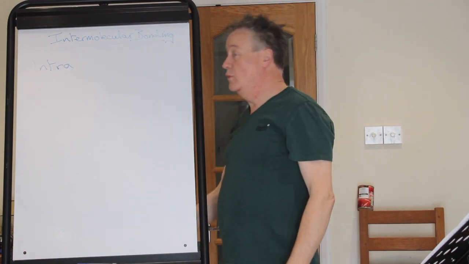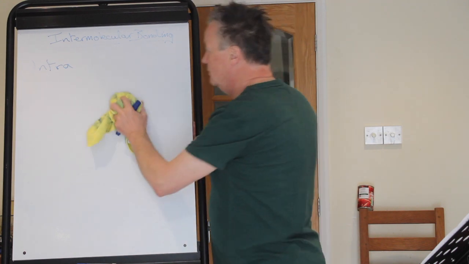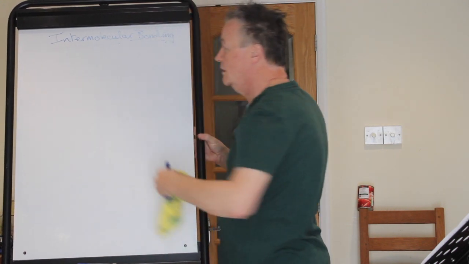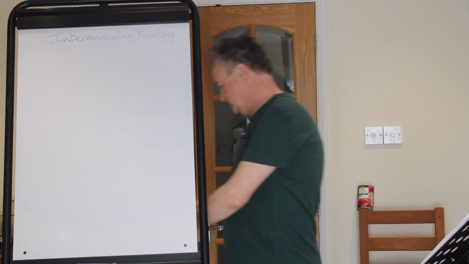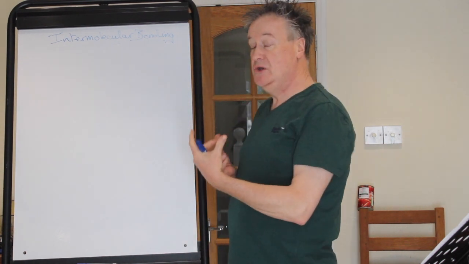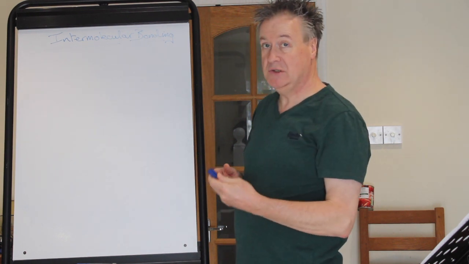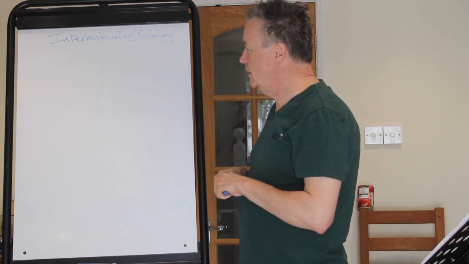So we are not talking about what holds a molecule intact as a unit. We are talking here about what allows a molecule to be loosely, and it does vary in strength, attached to a neighbouring molecule.